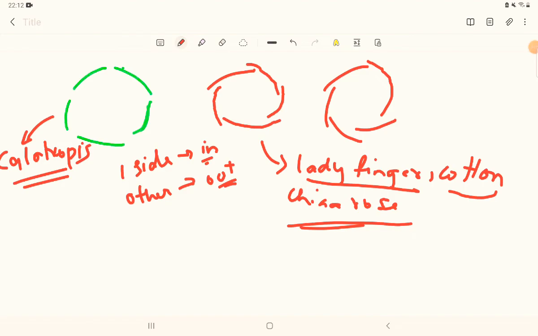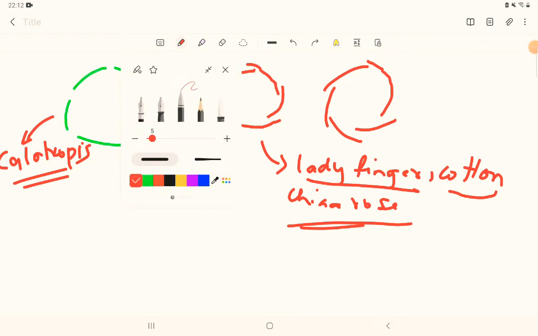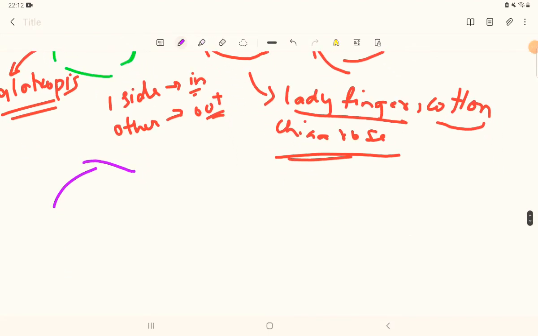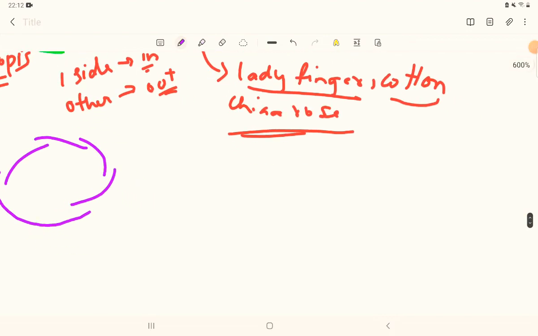The next type is the imbricate type, where 4 petals of the flower will follow the twisted rule, but the last petal will be different. How is that? I'll draw 4 petals of the same type, with a different color now. 1, 2, 3, 4. Now the 5th one will be both outside. Let me draw a neat picture.